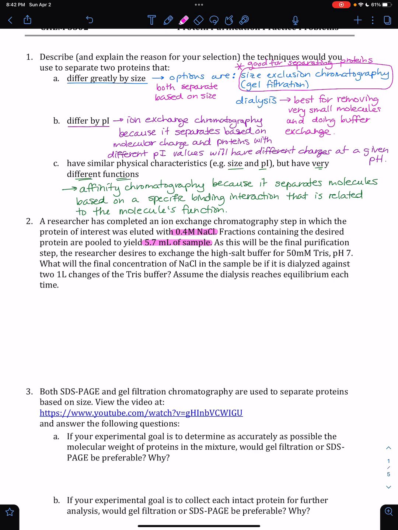So we're interested in the concentration of the salt. So the concentration of the buffer that we want to switch into, this information is not needed. I'm just going to say it's irrelevant to this question, okay?